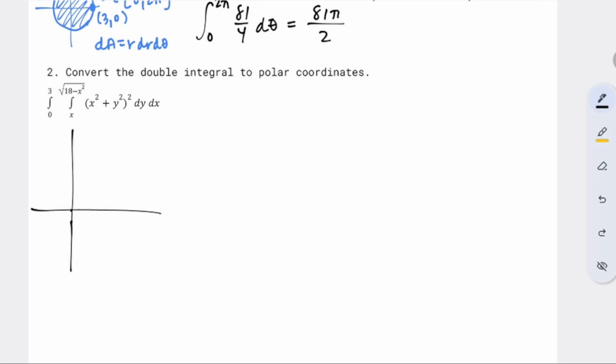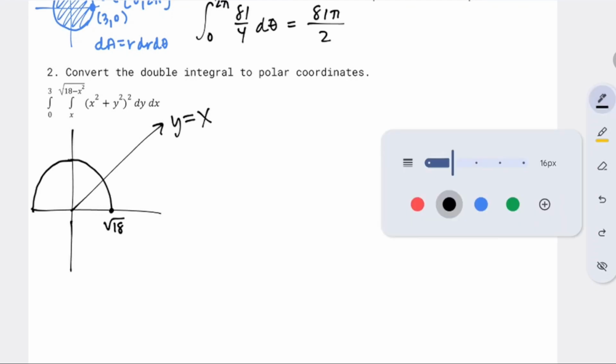Something going on in my house. y equals x up to y equals the positive square root of 18 minus x squared. I cannot imagine why I did this. Okay. That is going to be a circle centered at the origin with radius square root of 18. Yeah, okay, whatever. y equals the square root of 18 minus x squared.